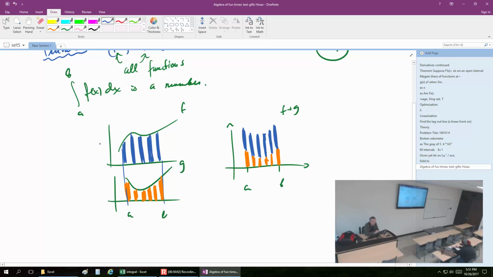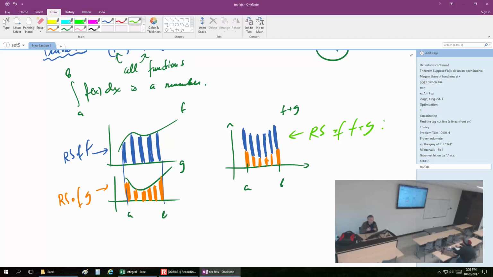So if this is the Riemann sum of f, and this is the Riemann sum of g, then this one is the Riemann sum of f plus g. And every time we did it one by one, we put two bars on top of each other. So then what's the relation between these three numbers, 1, 2, and 3?